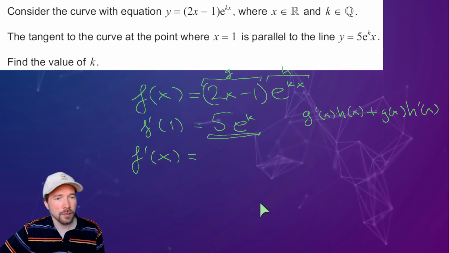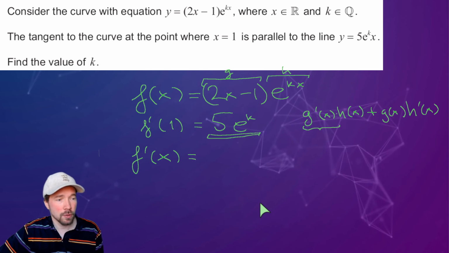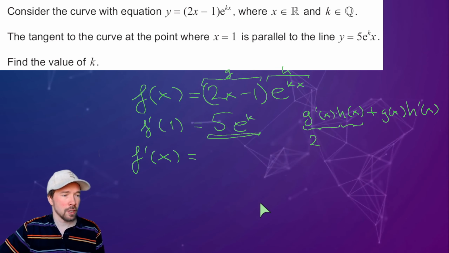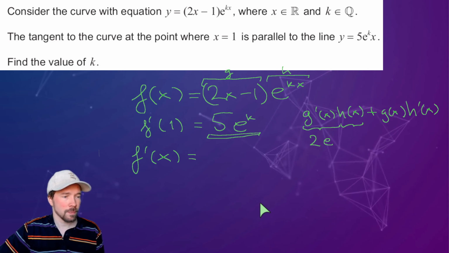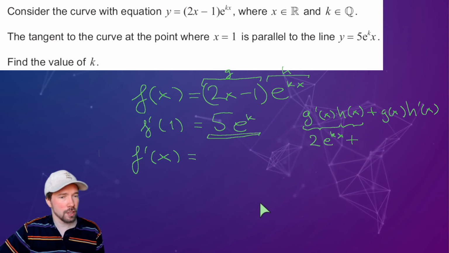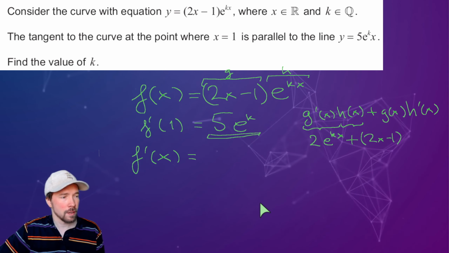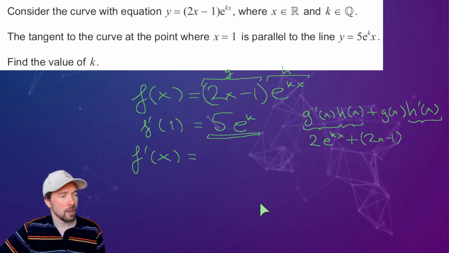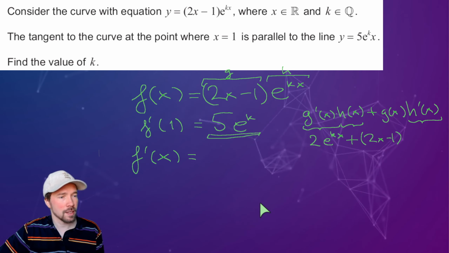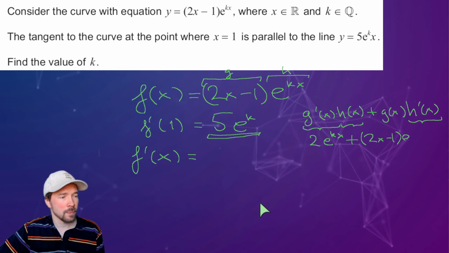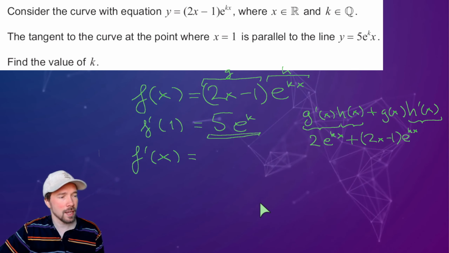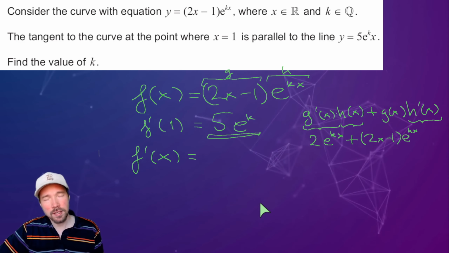Now, the derivative of g is just 2 because it's a linear function. This is just h, not the derivative. Plus g, which is 2x - 1, times the derivative of h. The derivative of the exponential function is itself, and then we have to multiply by the derivative of the inner function, which in this case is kx, and the derivative of kx is just k.